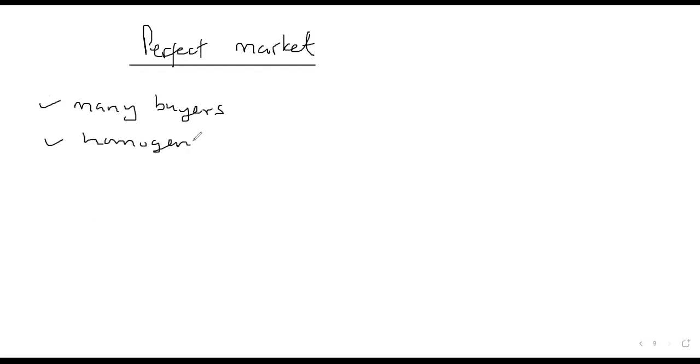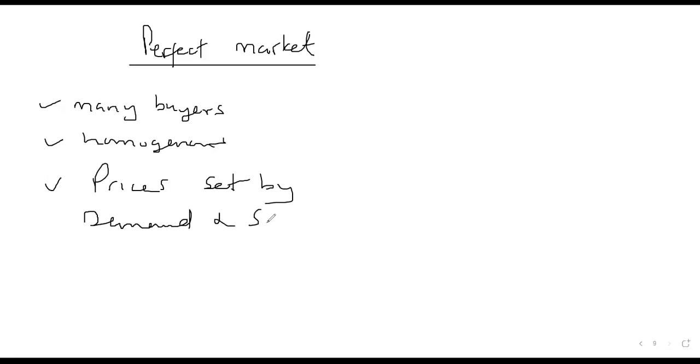This means the goods are identical. The prices are set by the invisible hand of demand and supply. So demand is actually your price. So in a perfectly competitive market, the goods are very identical, they're the same.